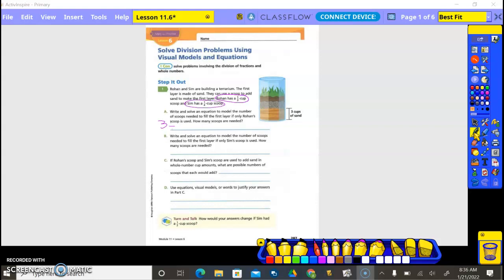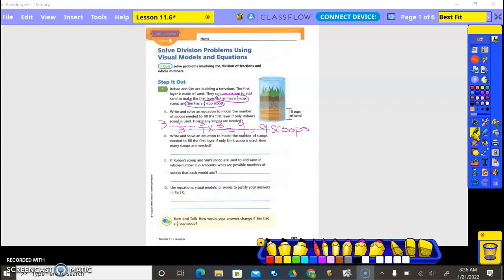So what are we dividing it by? 1/3, guys, which equals 3/1 times what? 3/1 times 3/1 equals 9/1, which equals 9. So Rowan would need to do 9 scoops.